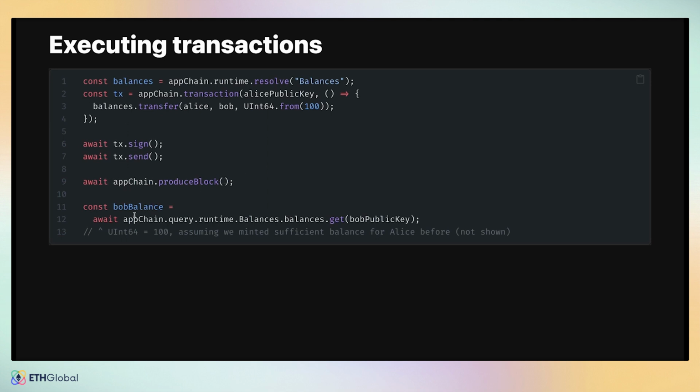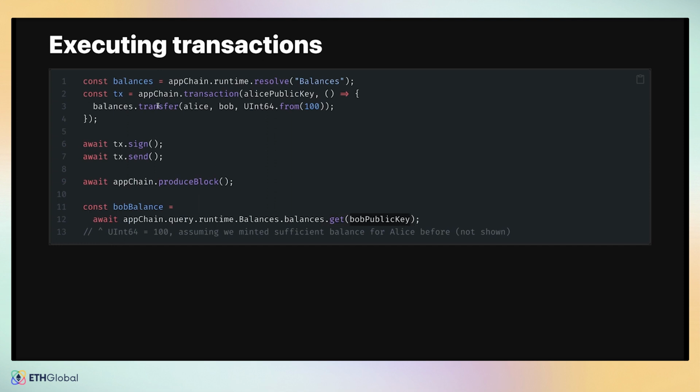Now, the last step would be to actually take a look at the on-chain state and make sure that Bob has really received the balance that we have transferred as part of our logic. So you can use the query API for that. So appchain.query, we are querying the runtime state, the balances module, the balances state map, and we are getting an entry from the key value of the state map identified by Bob's public key.